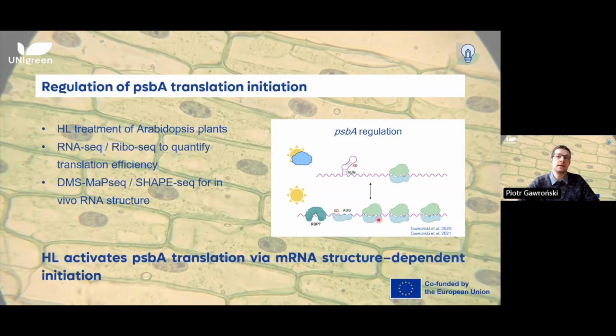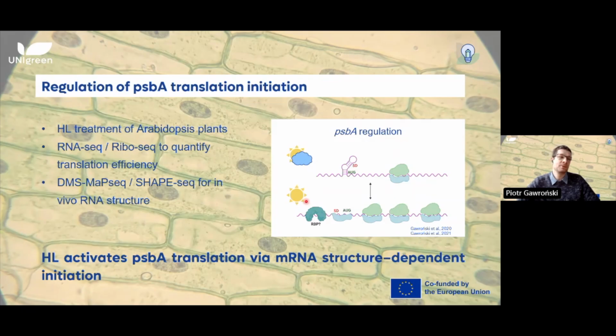Thus, high light activates psbA translation via mRNA structure-dependent initiation. We further hypothesized that this light-dependent change of the mRNA structure is caused by the binding of a regulatory protein to the 5' UTR of the psbA mRNA.